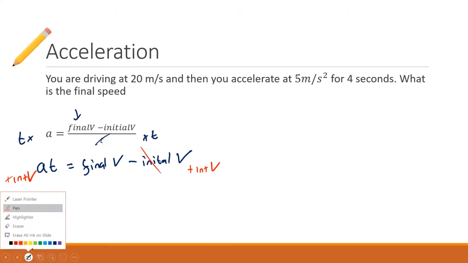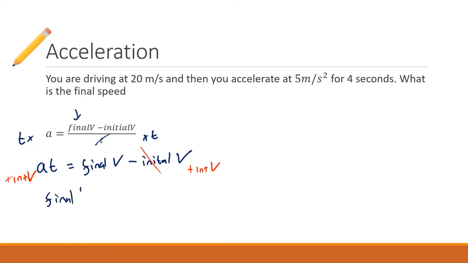So what I end up with is this: your final speed is equal to your A times T plus your initial. I shouldn't have swapped those around, I'm sorry. A T plus your initial speed equals your final speed.